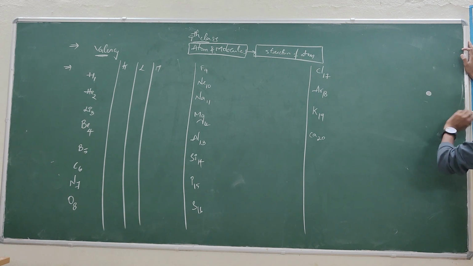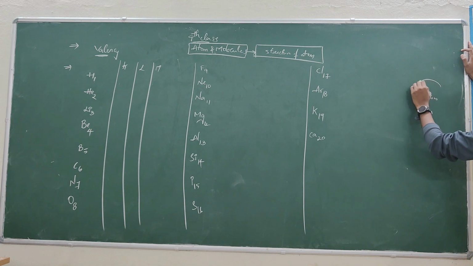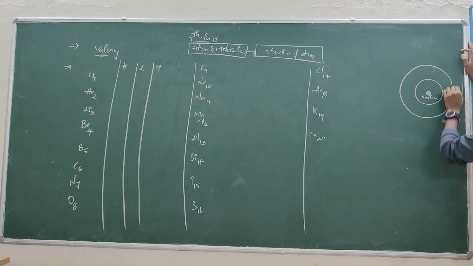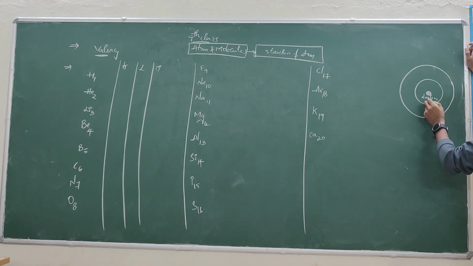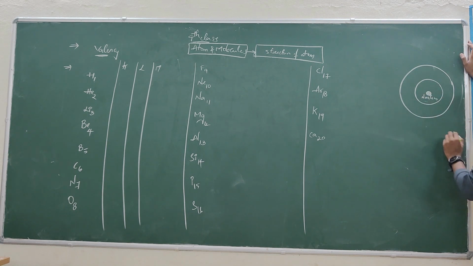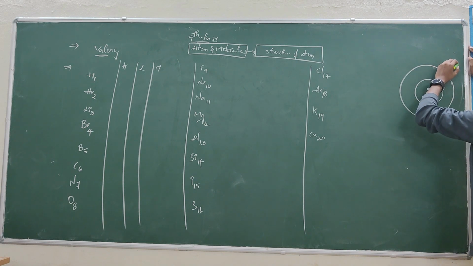We simply call that the nucleus, and this nucleus is surrounded by orbits, and in these orbits the electrons revolve around the nucleus. This is the situation that Bohr described. It looks similar to the solar system, right?